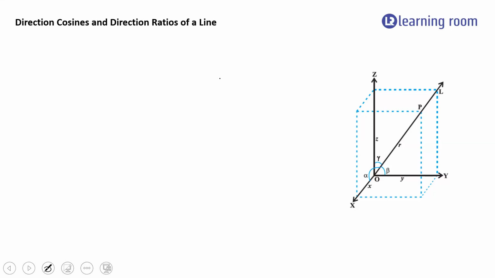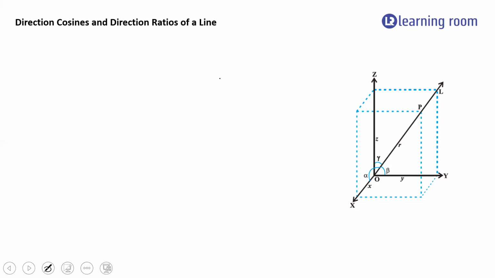To put it very simply, if I take the line to be lying in this way, then this line makes an angle with the x-axis, an angle with the y-axis, and an angle with the z-axis. The z-axis is here.